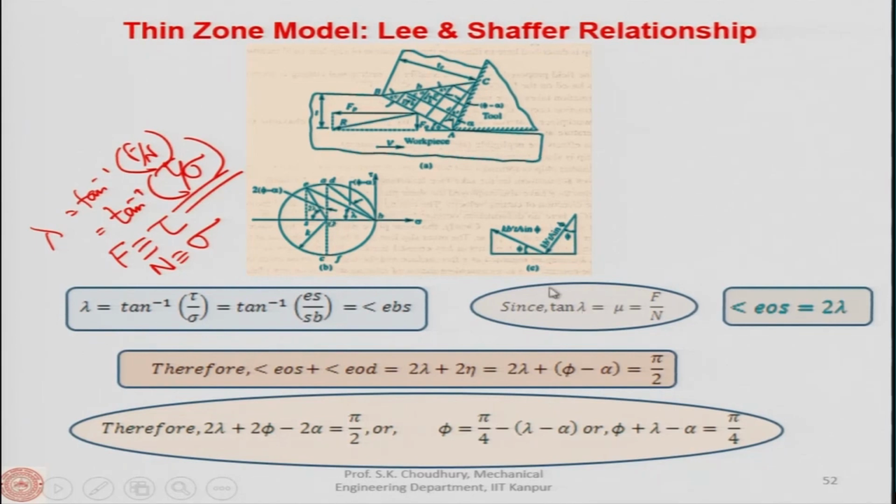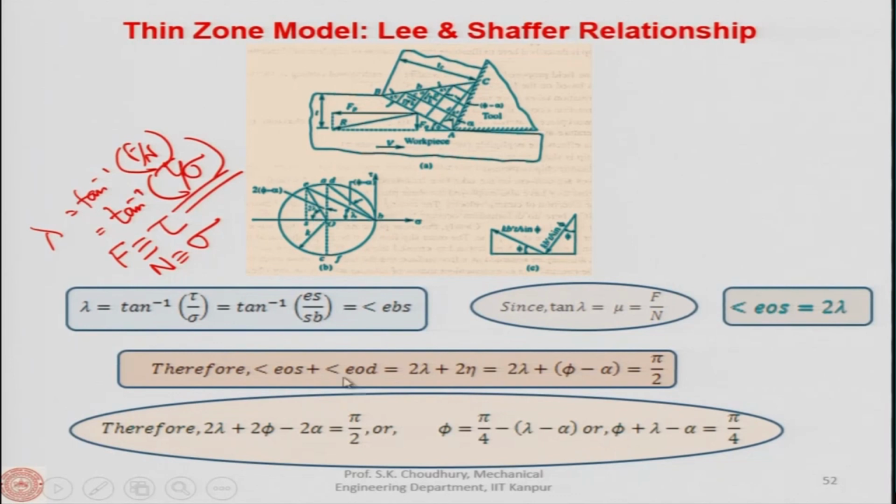Whatever I have explained here is explained here. Now, EOS is 2 lambda. Therefore, EOS and EOD, these two angles will give you a 90 degree angle.